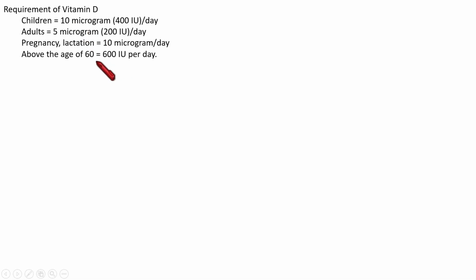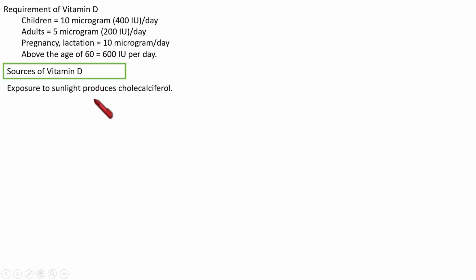And above the age of 60, those persons require 600 international unit, that is 15 microgram per day. This amount is high when compared to all the other levels. That means as we cross this age, we need to get proper exposure to sunlight to develop vitamin D in our skin, in our body.